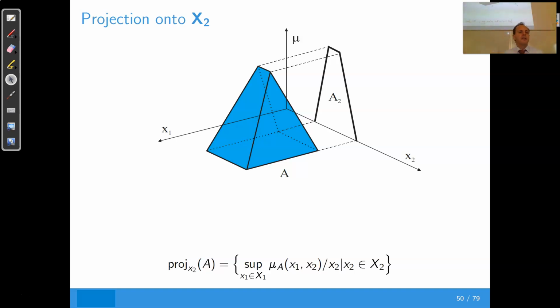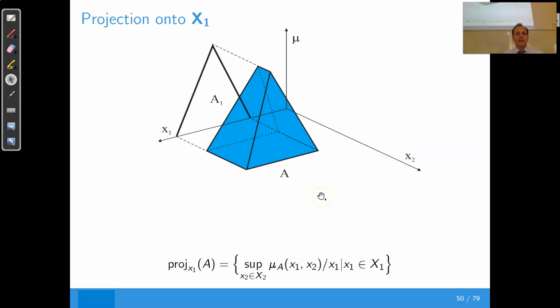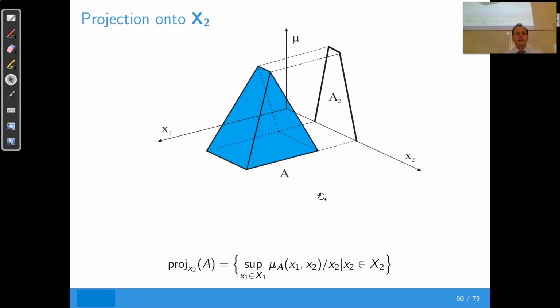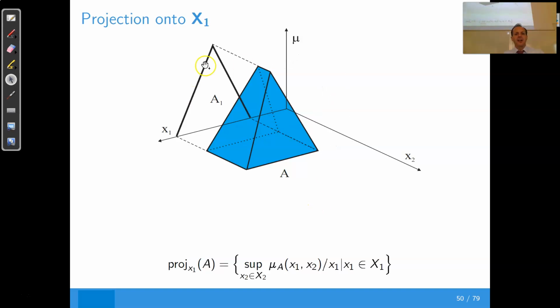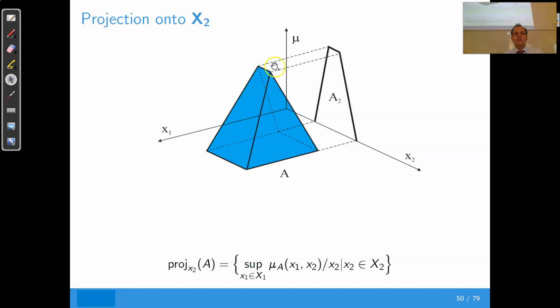And we can do the same onto x2. Of course, if you notice, it has a different shape, because this is the triangular shape and this is the trapezoidal, because the projection onto x2 is the supremum for all.